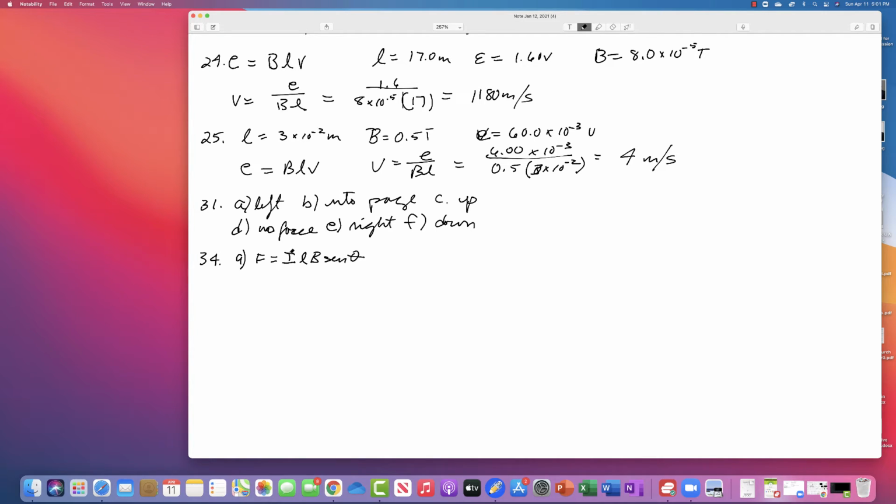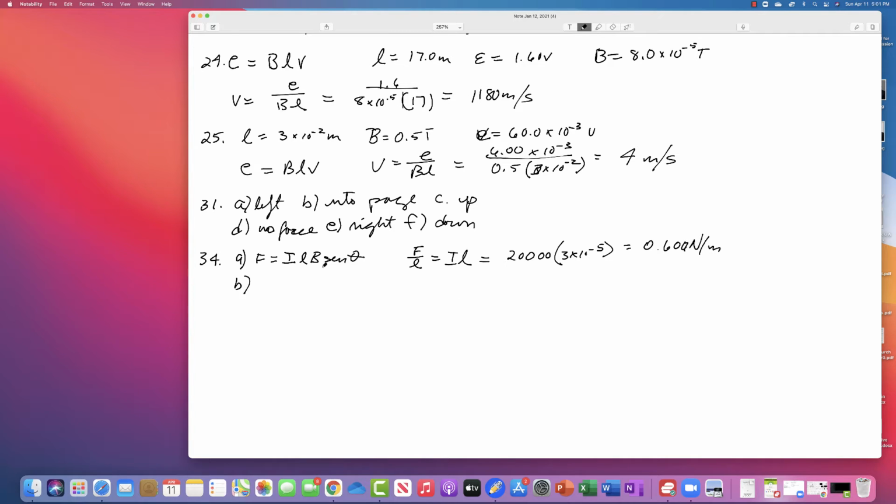I being the current, L being the length, B being the field. Now, they ask the force per length, so you end up with I B. In this case, it's going to be 20,000 times 3 times 10 to the minus 5, or 6/10 of a Newton per meter.